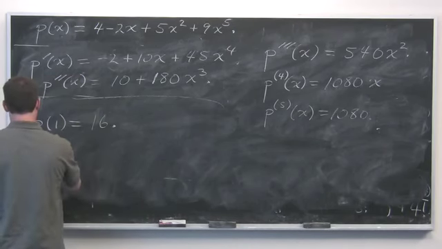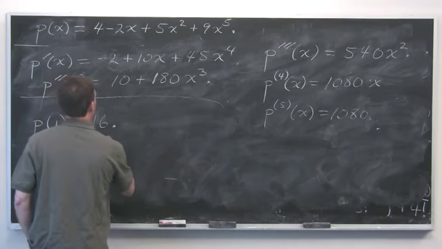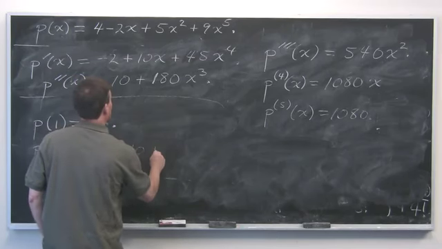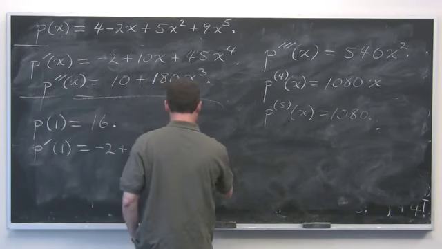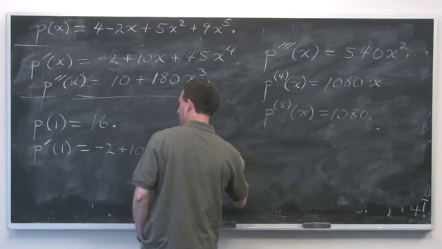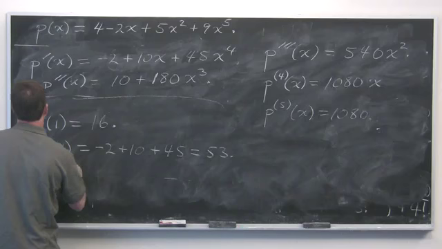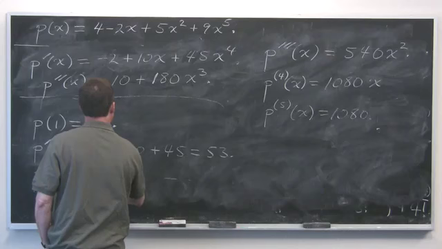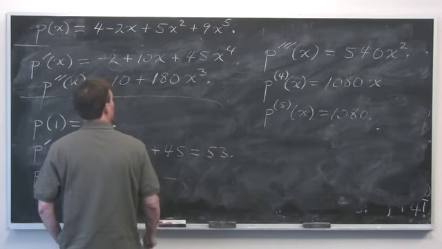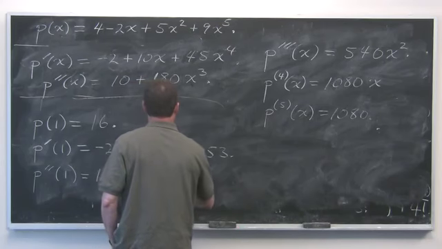Okay, right. P prime at 1 is minus 2 plus 10 plus 45. So that is 55 minus 2, 53. P double prime at 1 is 10 plus 180, so it's 190.